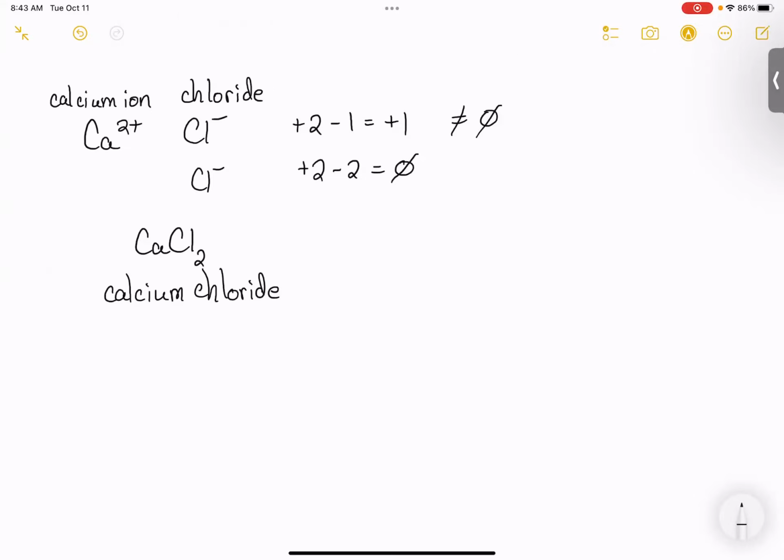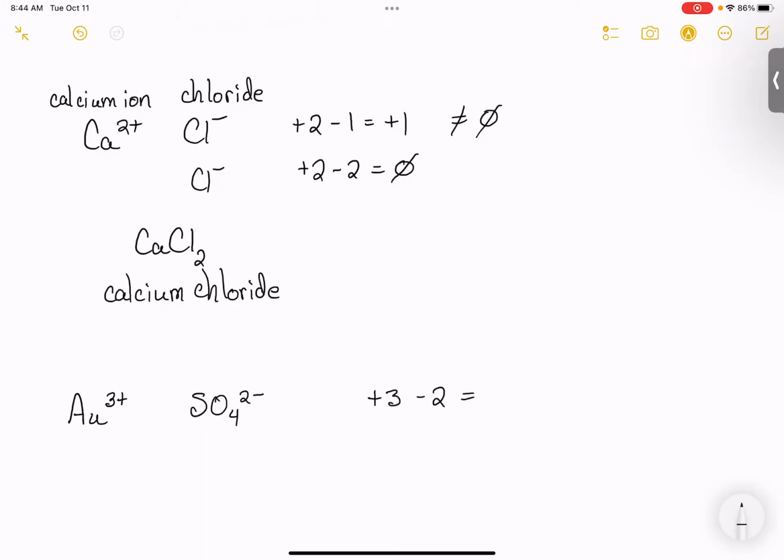Let's look at another one. Let's go with these two ions. If you look at their overall charges, you have a +3 and you have a -2.